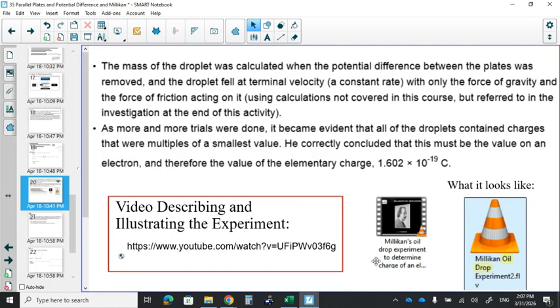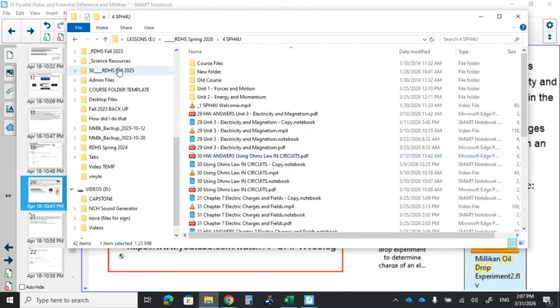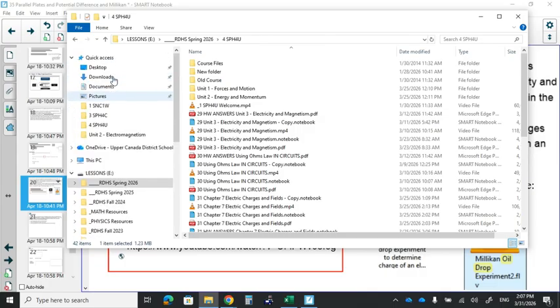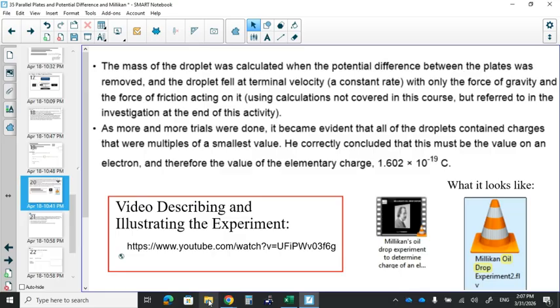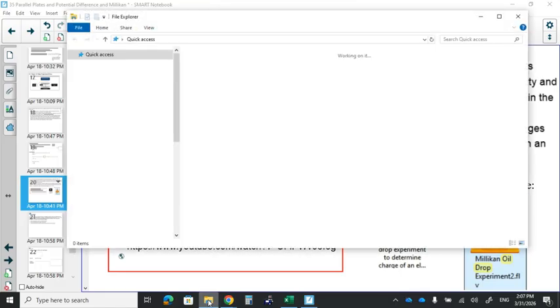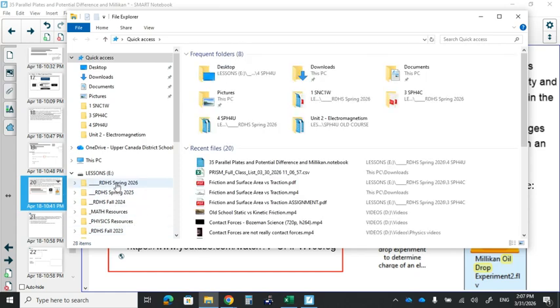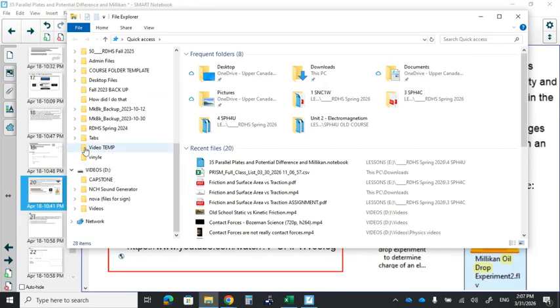So this video here, Millikan's, I'm going to play that one. This will give you a good visual of it. I was thinking, oh, I'll just play from my downloads, but that's on my other computer. So go to videos.